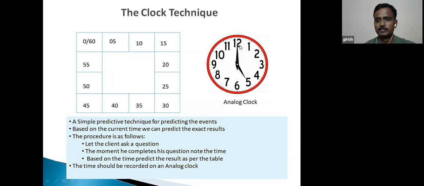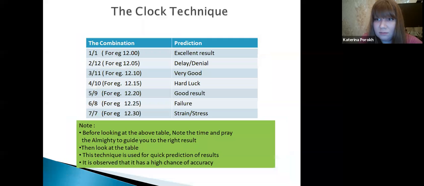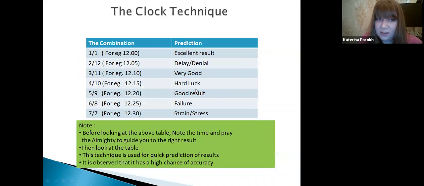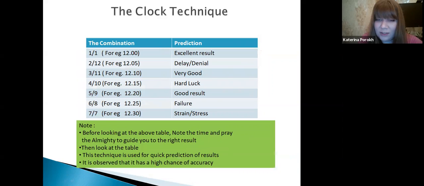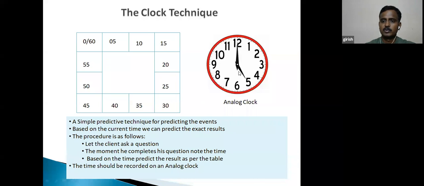So this is a 5 and 9 combination, 5 and 9 or 9 and 5. It gives a good result, a positive prediction, whatever the person asks. Okay, let's say at 12:25, you can reverse this.